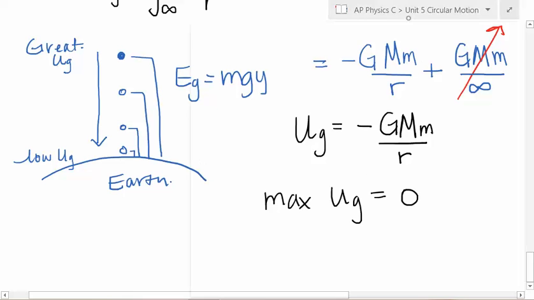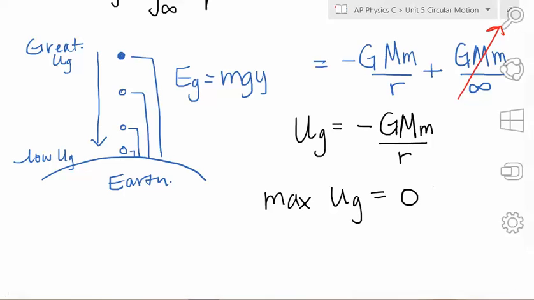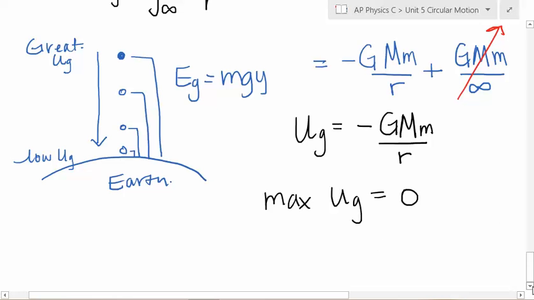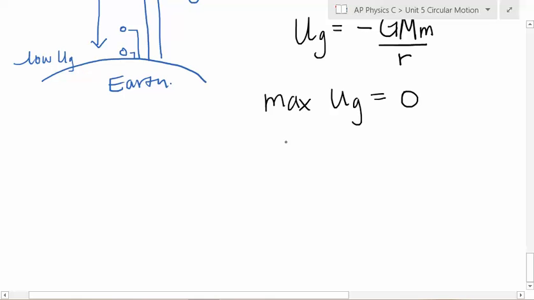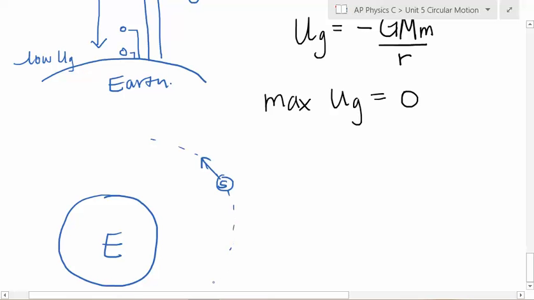So think about it. Using this gravitational potential energy equation, if we look at a satellite or a planet or something orbiting, let's take the Earth and a satellite, for example. So this satellite is moving around the Earth. It's at a position r from the center of the Earth.